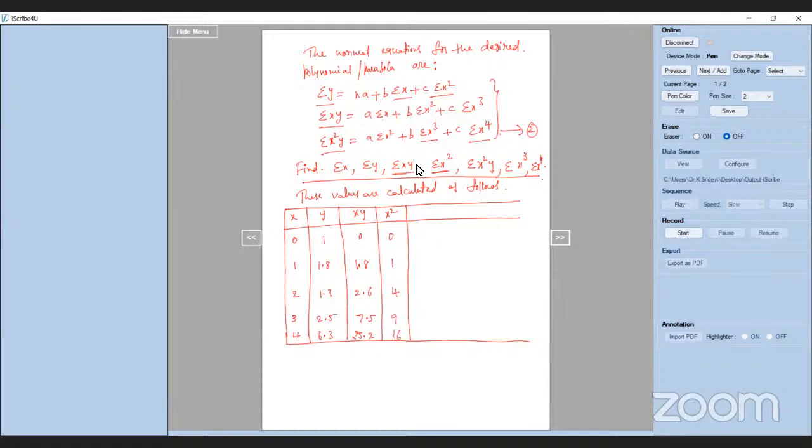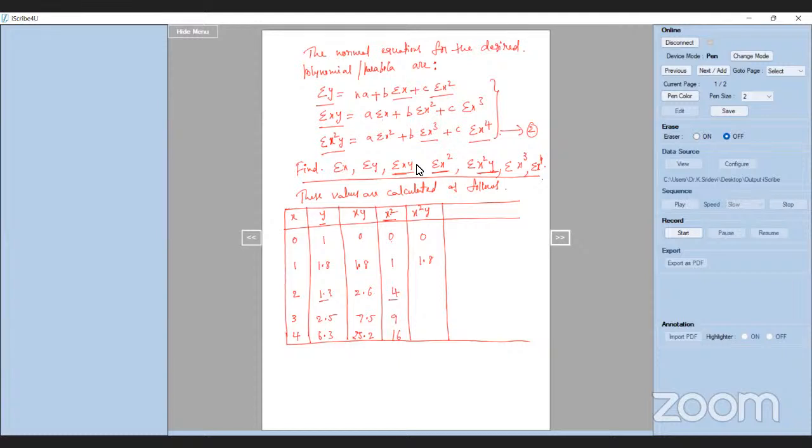Similarly, we take x square into y. 1 into 0, 0. 1.8 into 1, that is 1.8.